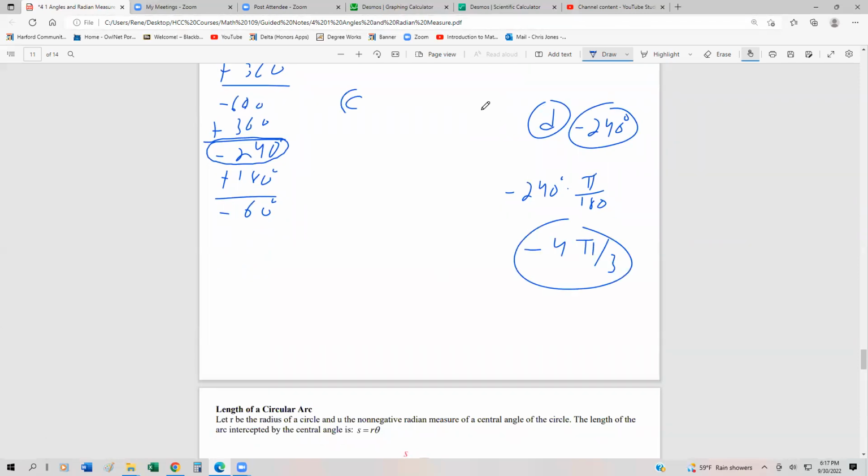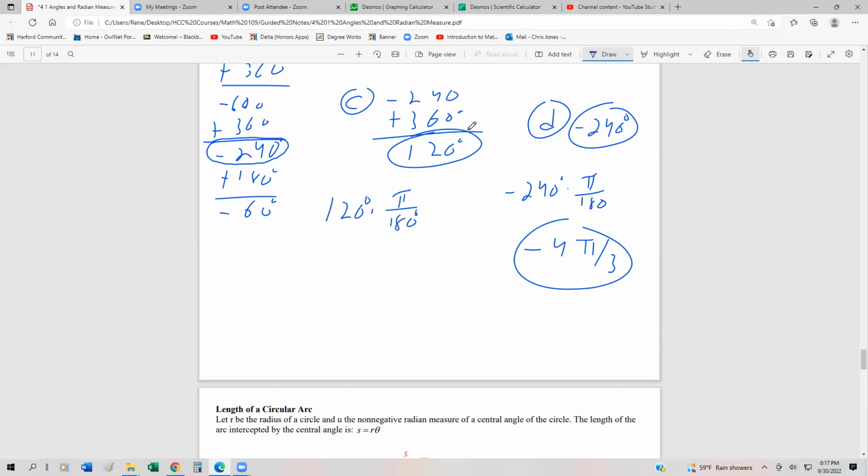Now for letter C, we had that negative 240, and what we can do is add 360 to that. That's just going to leave us with 120 degrees. So all we're doing is taking these multiples of 360 and we just keep adding and adding until we get to a measure that we need. Then we take the 120 and multiply by pi over 180.